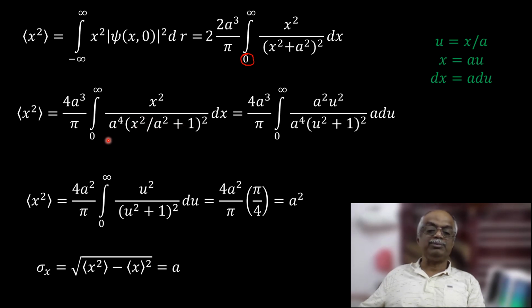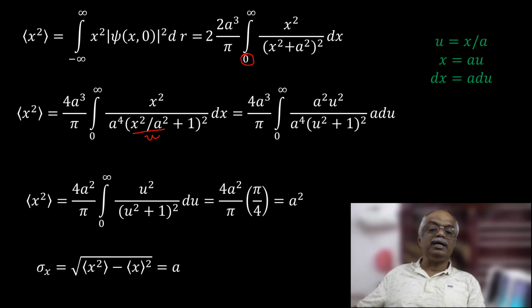Now you substitute x divided by a as u. So u is equal to x divided by a, then x is equal to au, and dx is equal to a du. You substitute all these parameters here.